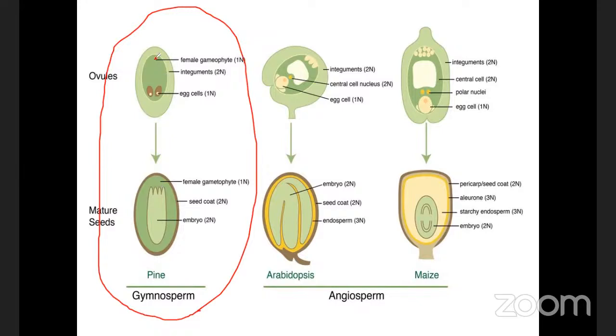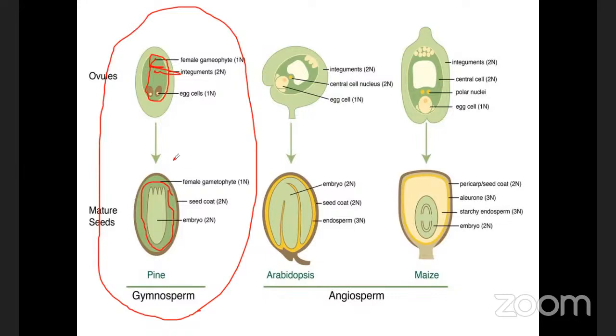Here you see the female gametophyte, all of which takes the division and forms the endosperm. You can see here the endosperm. All the female gametophyte will become the endosperm before the fertilization, whereas the egg cell will become the embryo. That is there in gymnosperms.